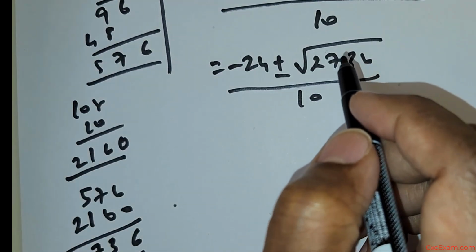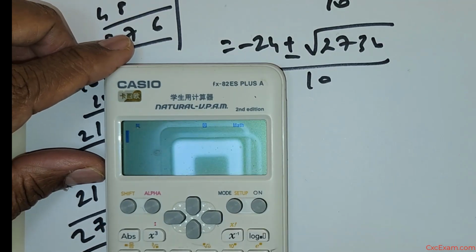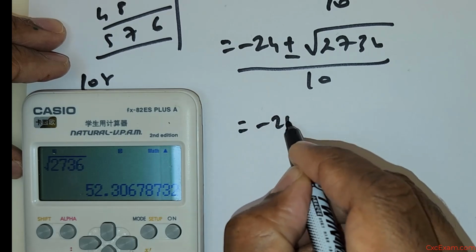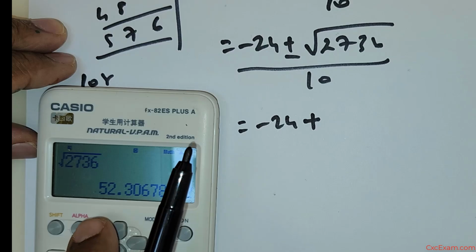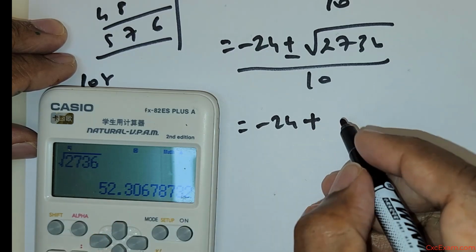Now we need to evaluate this square root. The square root of 2736, what is that? That is giving a value of plus or minus, I'm going to take only the positive value, 52.306.